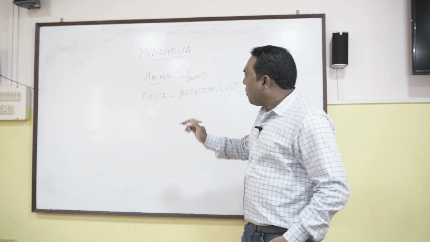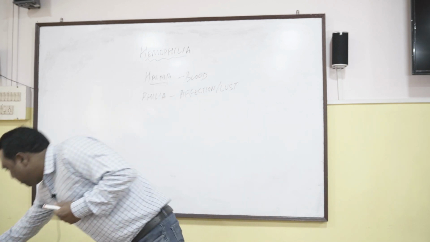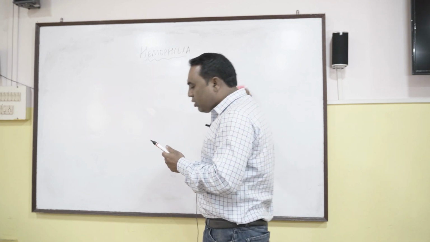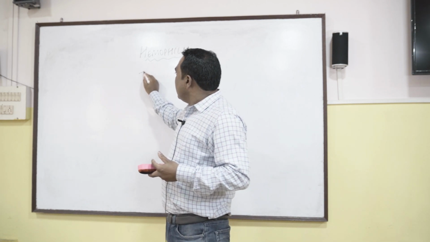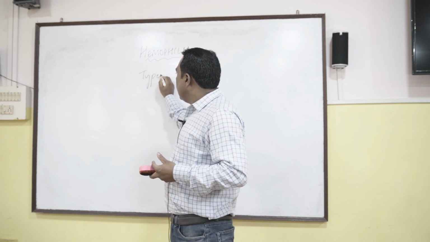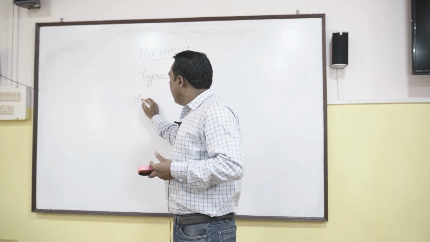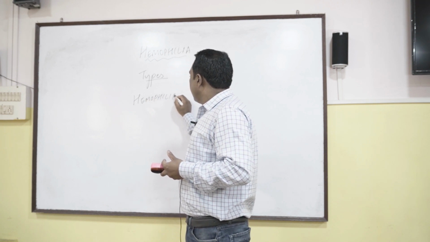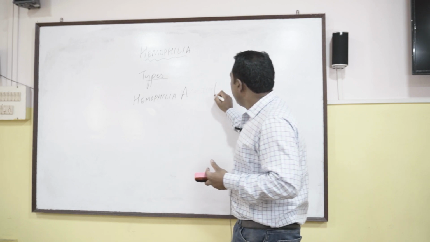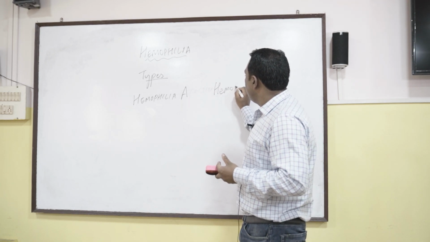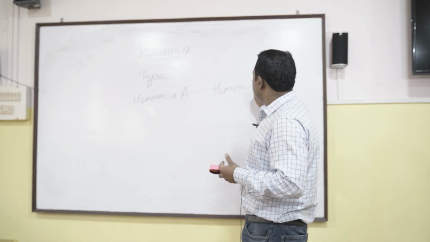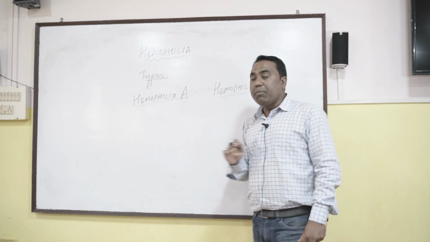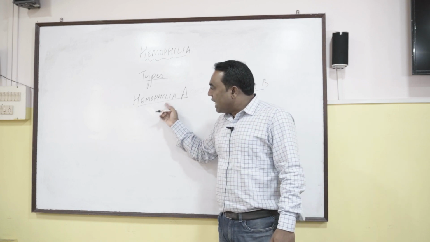Now talking about the types of hemophilia. There are basically two different types of hemophilia: hemophilia A and hemophilia B. What is hemophilia A?